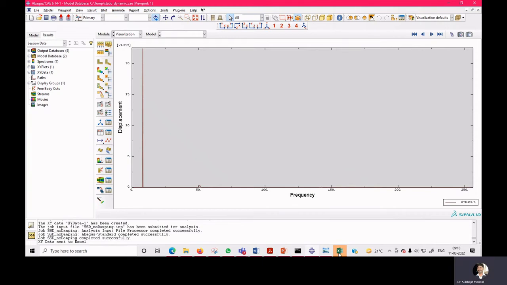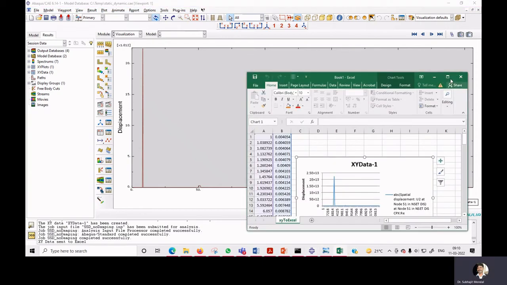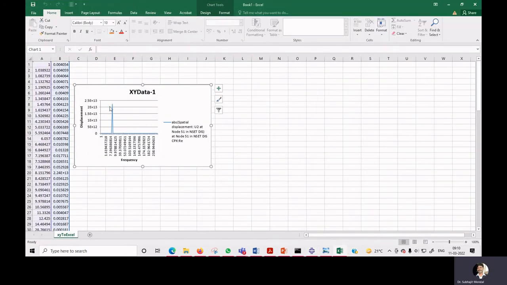Here you can see we have one Excel data, so this is for our XY data 1.